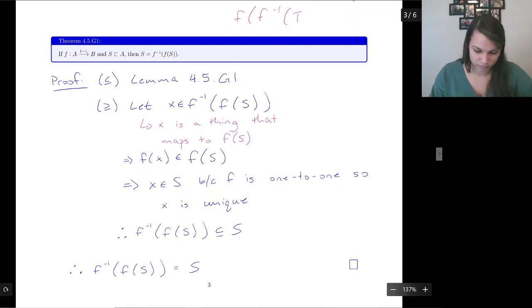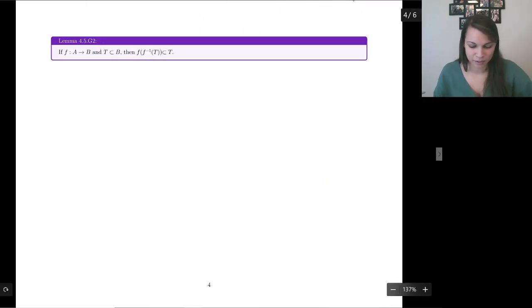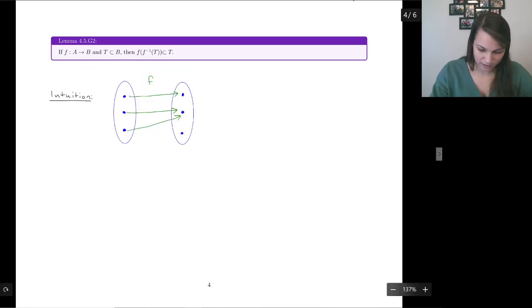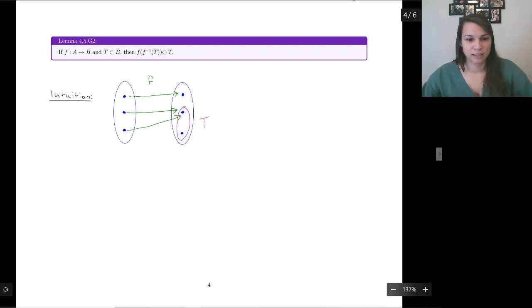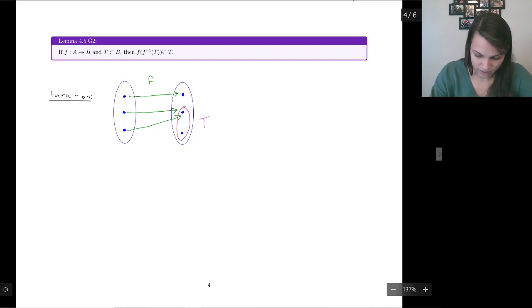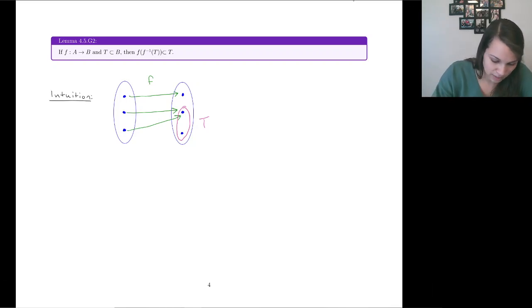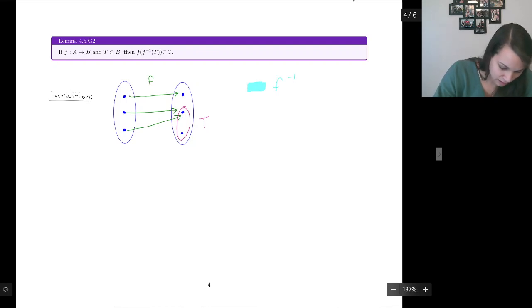Well, we get subset in the other direction. Intuition behind this. Let's say that this is our set T. Now we can talk about the pre-image of T. So things that map to T. That's going to be, let's see, so this guy is the guy we're talking about.